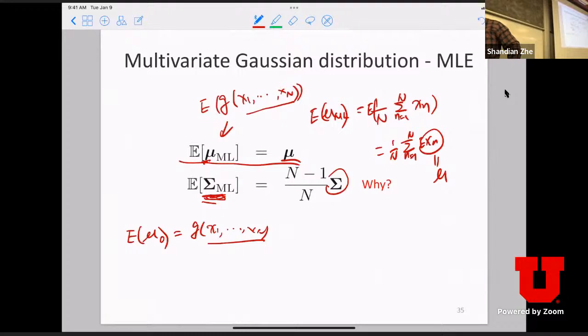It gives you the true covariance multiplied by the factor (n-1)/n. That means your estimate, on average, is still less than the true covariance, so it underestimates the covariance. This is a very well-known result.